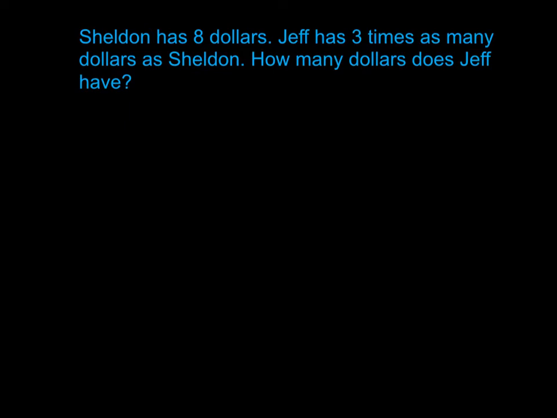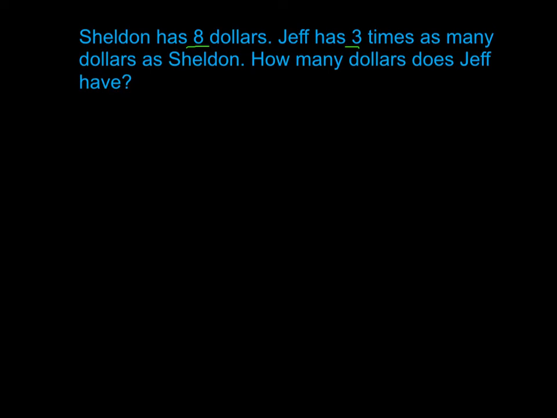Okay, on this next example here, we have Sheldon has $8. Jeff has 3 times as many dollars as Sheldon. How many dollars does Jeff have? So the first thing we want to do is we want to pull out our numbers. So if we're going to underline them, we have Sheldon has $8 and Jeff has 3 times as many dollars as Sheldon.